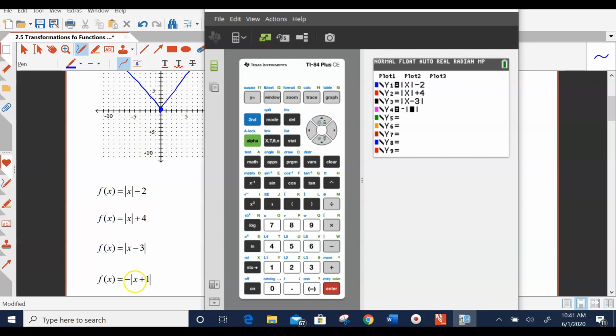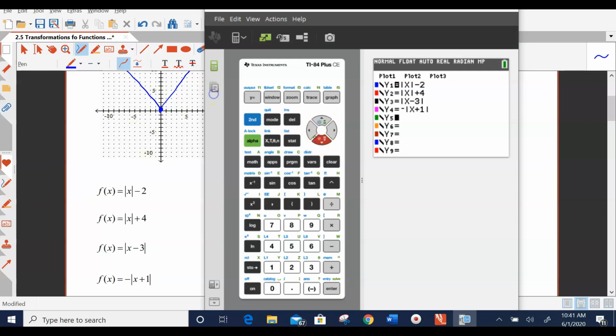And what I want is a negative absolute value of x plus 1. So there's my x, there's my plus, there's my 1. Now remember, if the equal sign is highlighted, that means that's the function it's going to graph. So let me take the highlight off on that one.